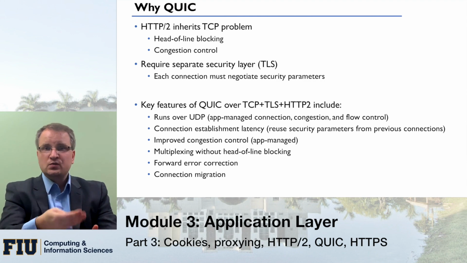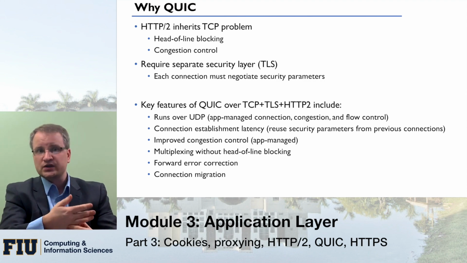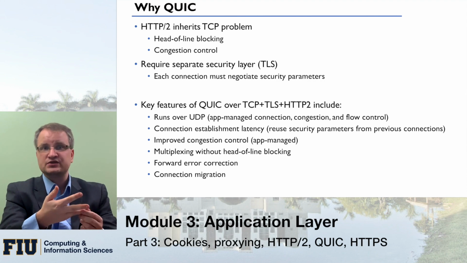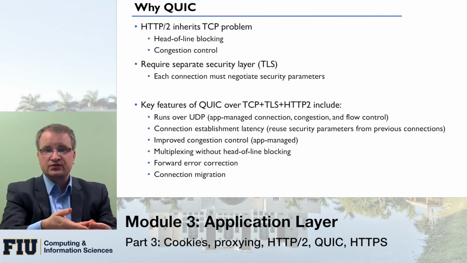If you go to the same website again tomorrow, you have to do the same thing again. You may skip the DNS part because it can be cached for a couple of days, so you don't do the DNS query again. But you still have to establish the TCP connection, and you still have to establish the security properties, this TLS session, and then you're ready to send a request.